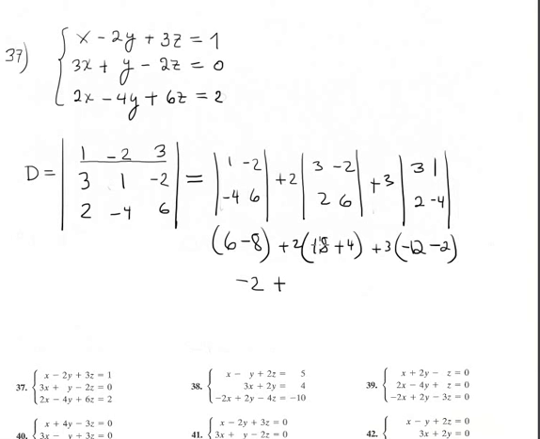This is 22 times 2 is 44. This is negative 14, and negative 14 times 3 is negative 42. So negative 2 plus 44 is positive 42, minus 42 is 0.